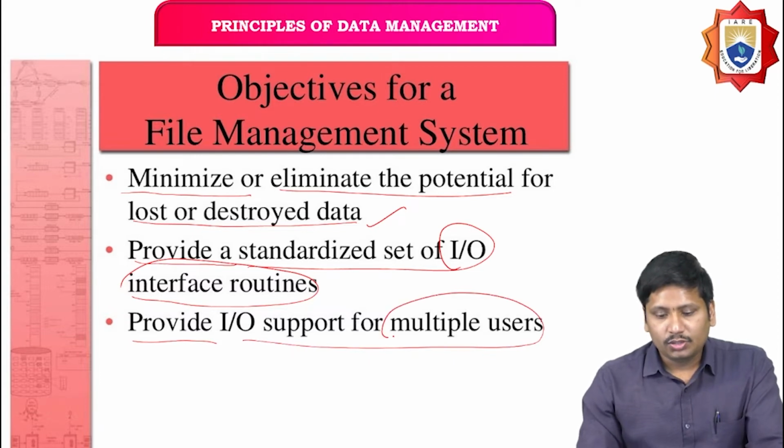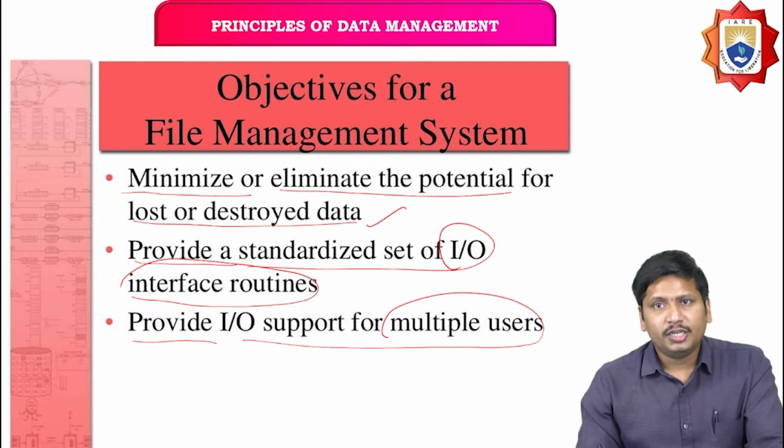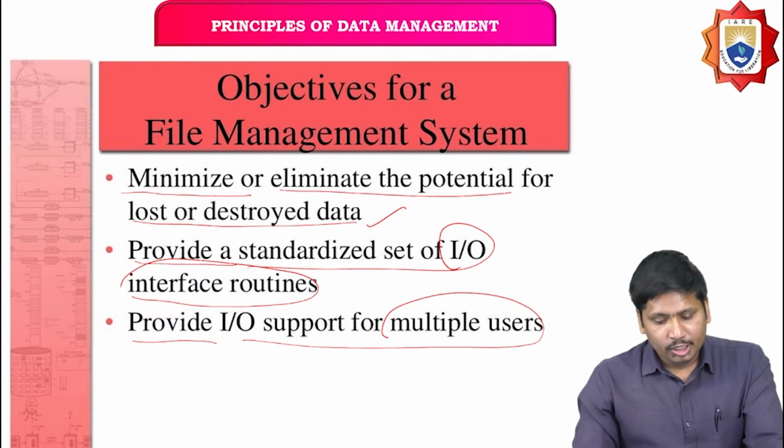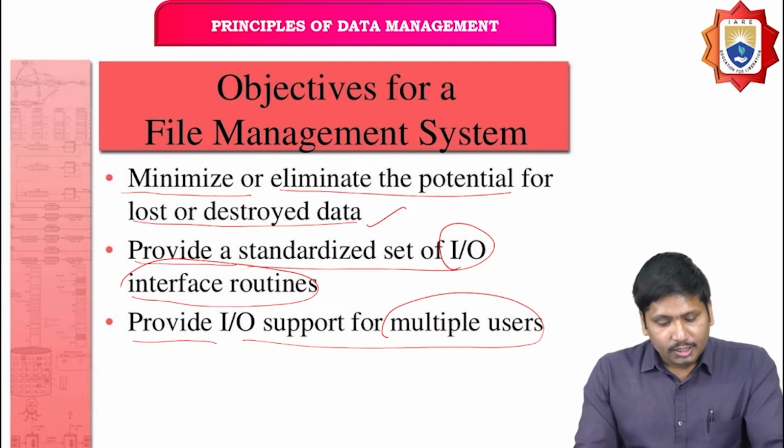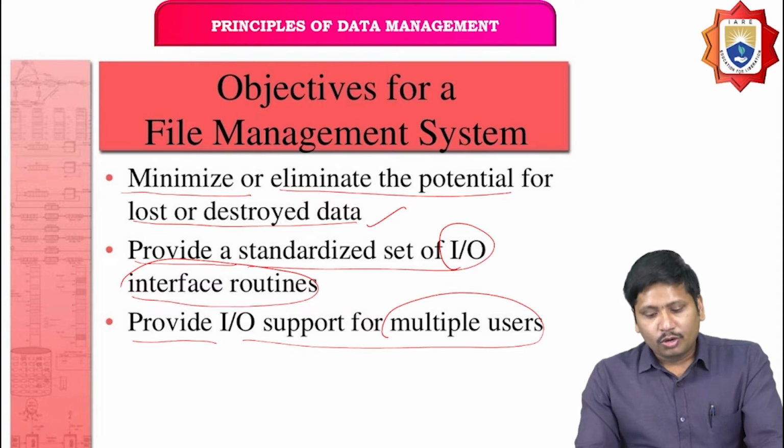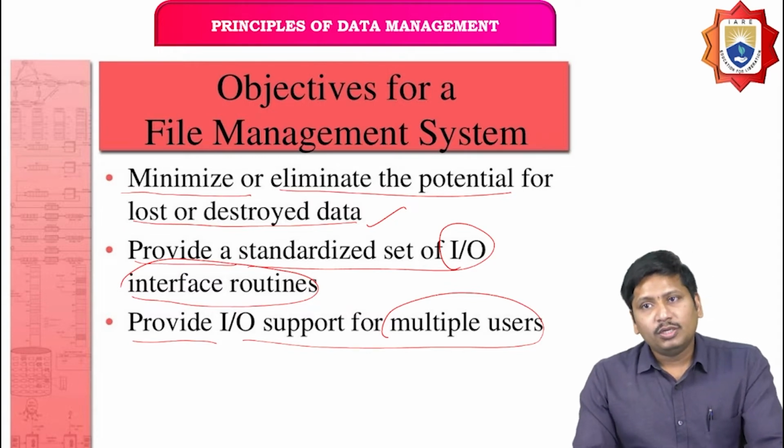So these are some other objectives of the file system. First, you can minimize or eliminate the potential of destroyed data, then provide a standardized set of input and output interface routines, and also provide input output support for multiple users.